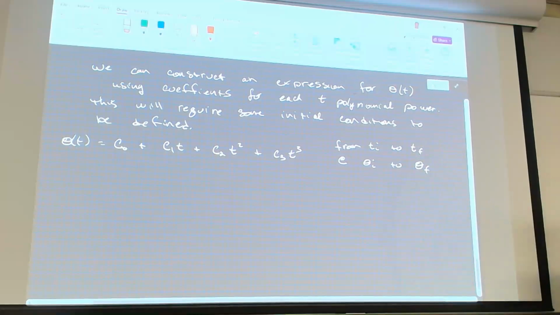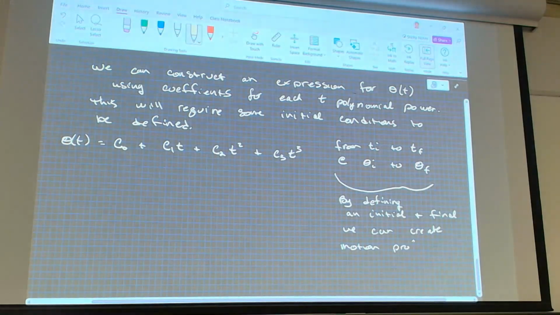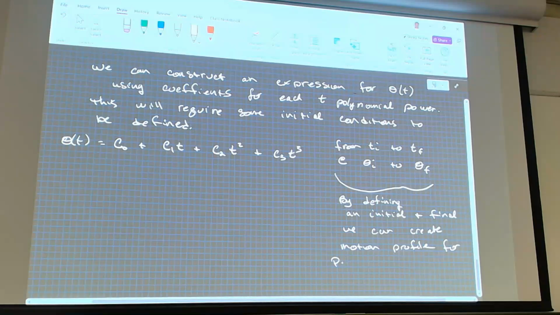And the reason we can say that is by defining an initial and final, we can create motion profiles for path trajectory segments.